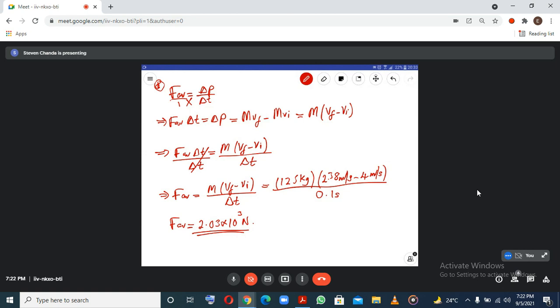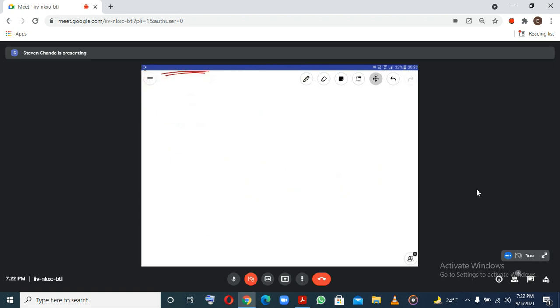So then, now the third question: if the cross-sectional area of the quarterback's femur is equal to, so now we've come to our topic. They are saying the area, that's the cross-sectional area of the quarterback's femur.